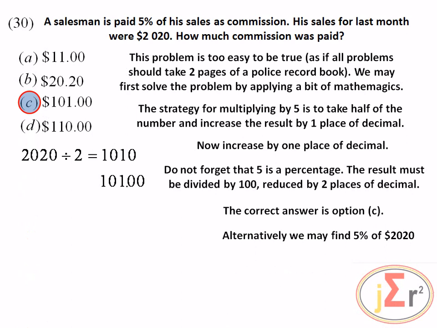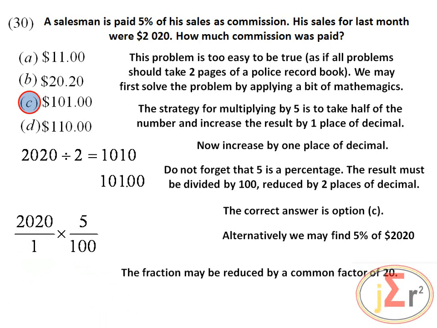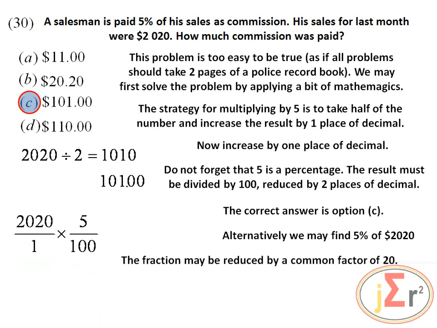Alternatively, we may find 5% of 2,020. The fraction may be reduced by a common factor of 20. So common factor of 20, 20 into 100 is 5.